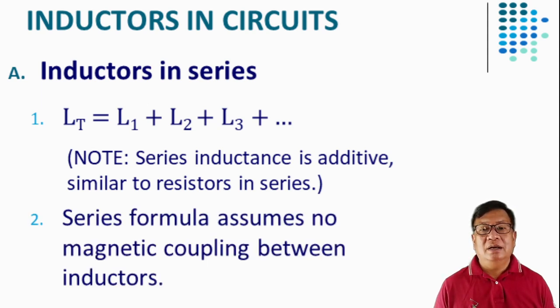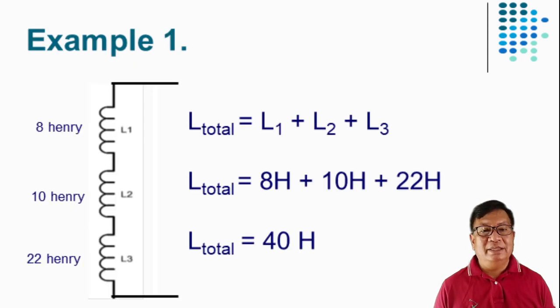That is the series formula, which assumes no magnetic coupling between inductors. So ayan, we assume that walang influence, no other influences. Walang other influences yung circuit natin kasi malayo siguro yung mga walang nearer circuit. Okay, so ayan na po, walang effect ng mga mutual natin.